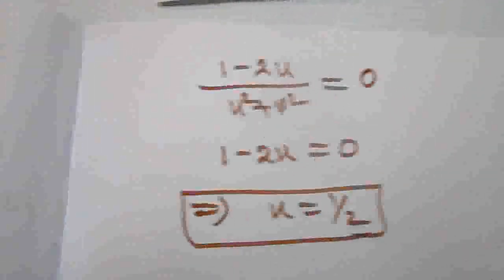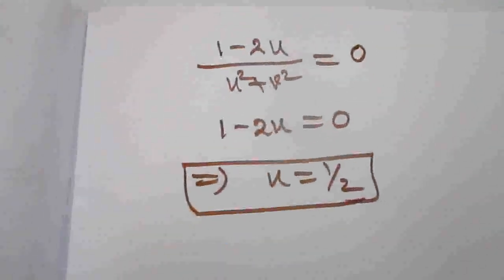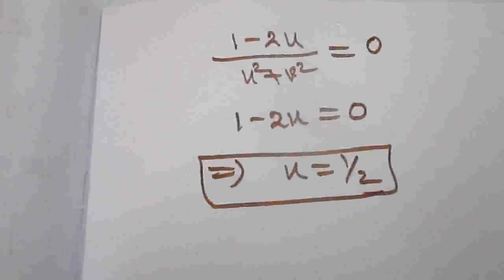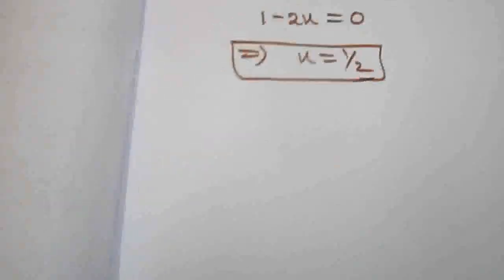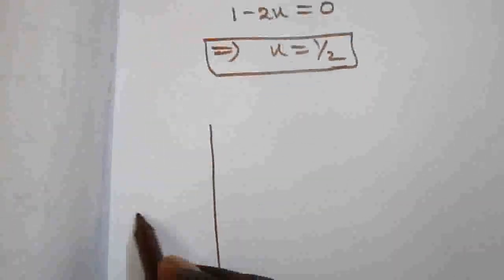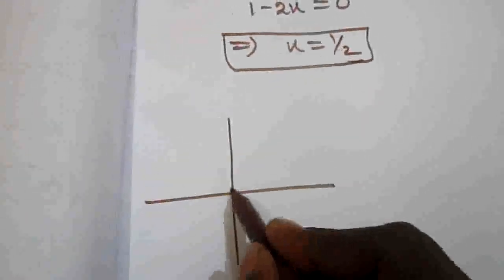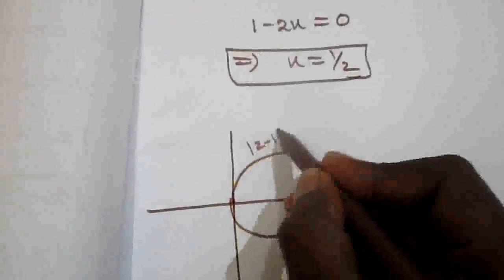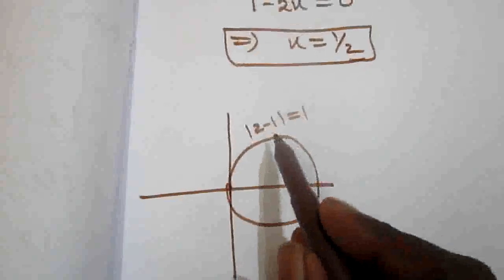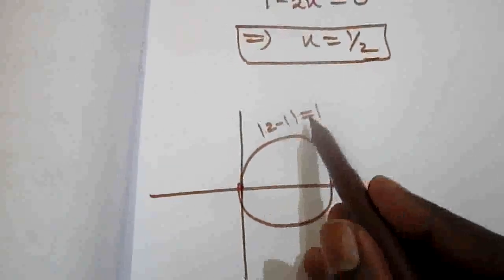So now it is in the w plane. The given circle in the z plane is mapped to the w plane as u is equal to 1 by 2. The given circle in the z plane, mod z minus 1 equal to 1, has center (1, 0) and radius 1.